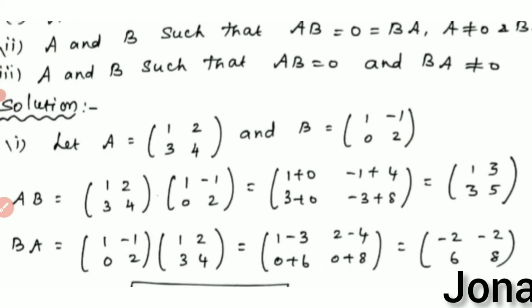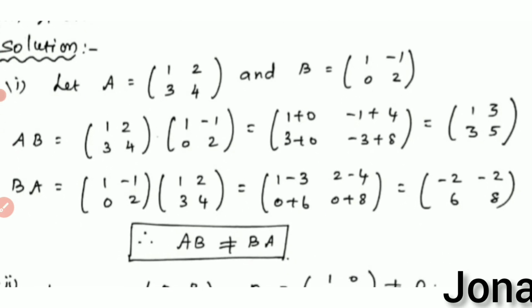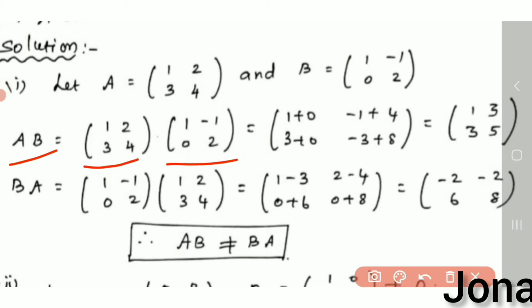Let me see here. I want to take A as [1, 1; 2, 3, 4] and B as [1, -1; 0, 2]. So AB is nothing but the multiplication of A and B. A is here and B is here. As usual, matrix multiplication, we can multiply these two.